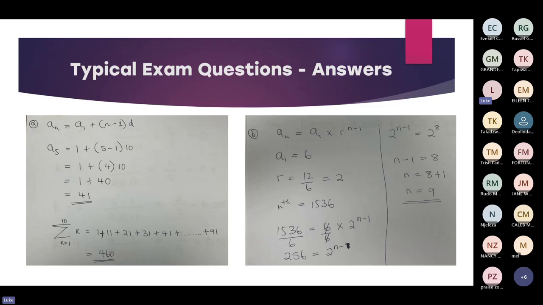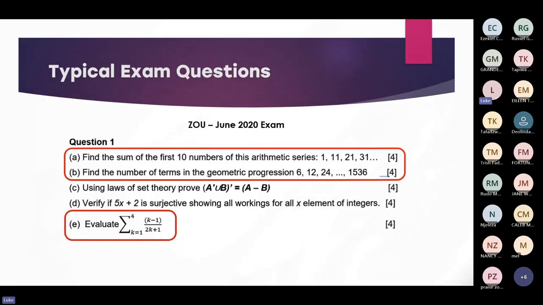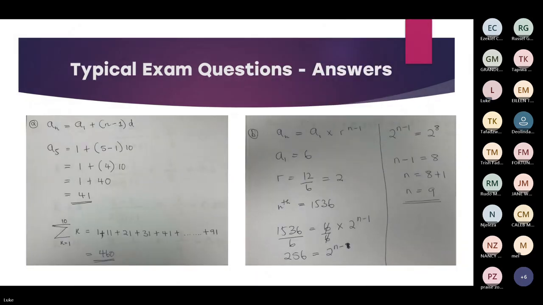So for the first example, find the sum of the first 10 numbers. How do we get these numbers? We look at an equals a1 plus (n minus 1) in brackets multiplied by d.